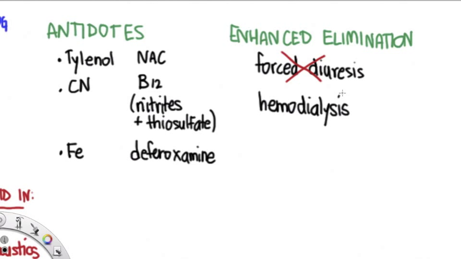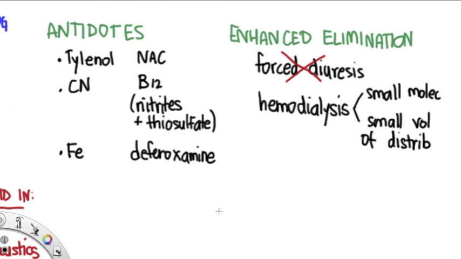If the toxin is in the fat or the muscle or some other tissue, hemodialysis isn't going to help. So for fat-soluble benzodiazepines, not going to help. Digoxin or other molecules that have molecular weight greater than 500 Daltons, not going to help. But for smaller things like aspirin, methanol, lithium, ethylene glycol, it can help. So talk to the nephrologist to get that arranged.